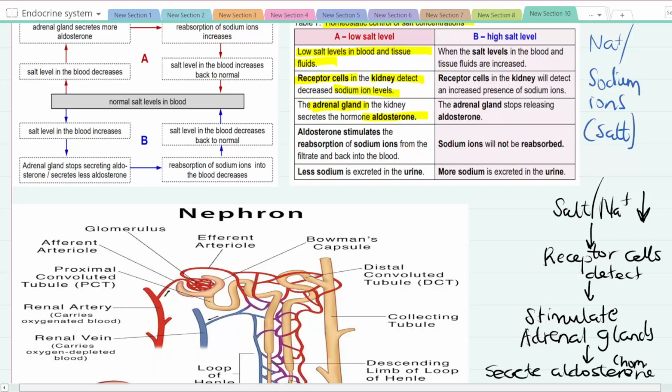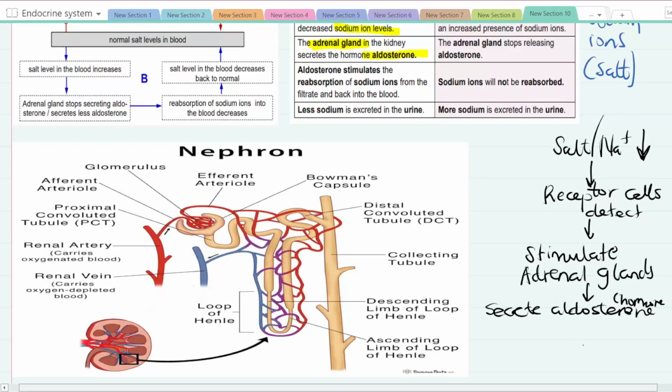So it's very important. So this hormone, what does it do? It actually promotes reabsorption of sodium ions into the blood.